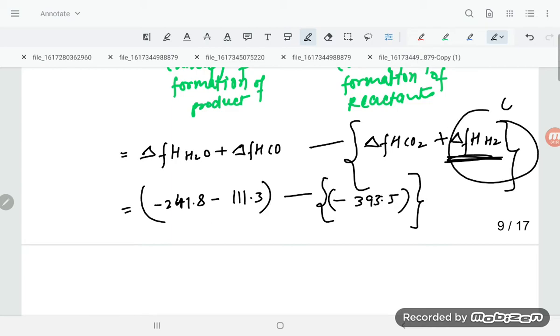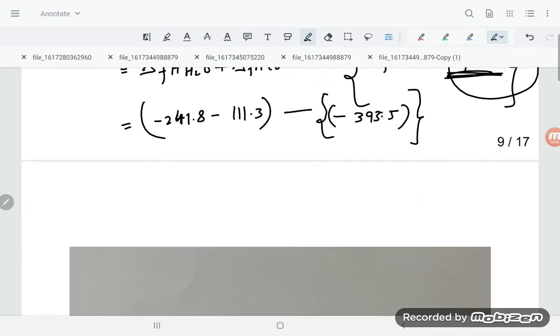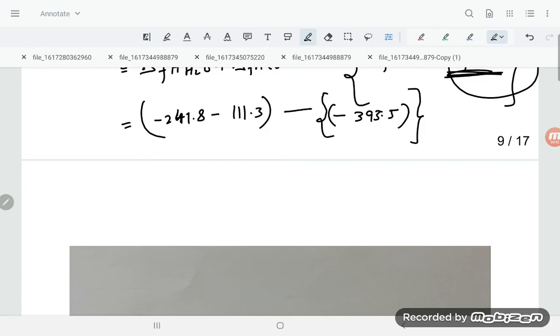For hydrogen, it is the standard state, so it will be 0, students. Now solve these two terms. It is coming to minus 353.1, and minus into minus is plus, with 393.5.